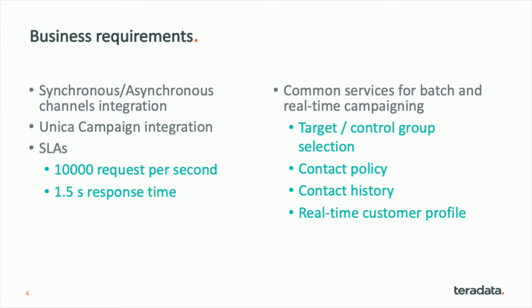Target control group selection, contact policy, contact history, and real-time customer profile. Real-time customer profile is filled by incoming messages, as I said before, from incoming streaming. Regarding SLAs, 10,000 requests per second and 1.5 second response time for any request.